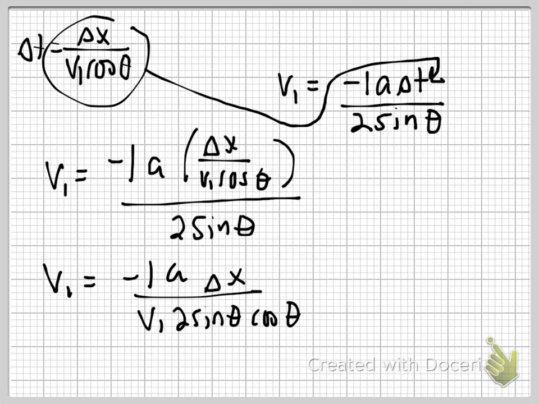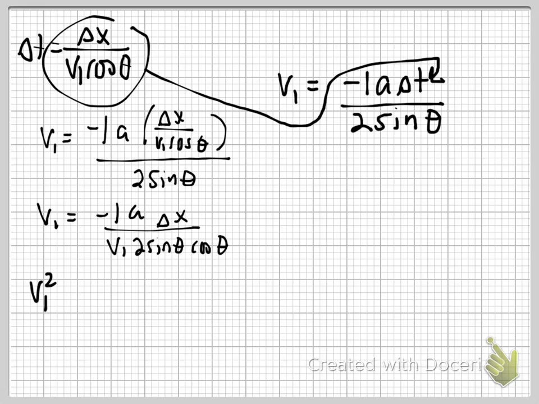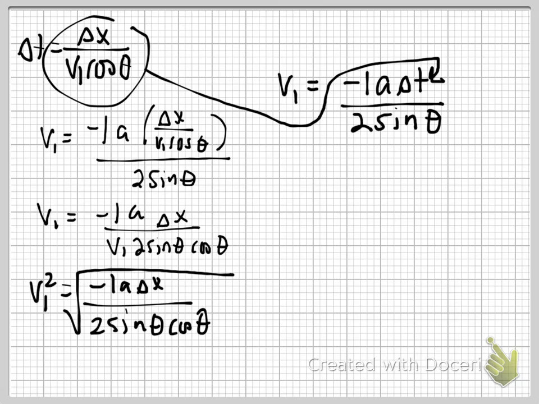So then I can multiply both sides by vi. Okay, so I get vi squared equals negative 1 a delta x over 2 sine theta cosine theta. So of course I can take the square root of this whole mess and get rid of that. So there's an expression for vi.